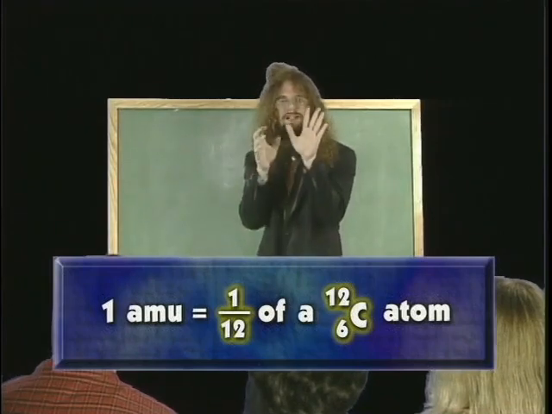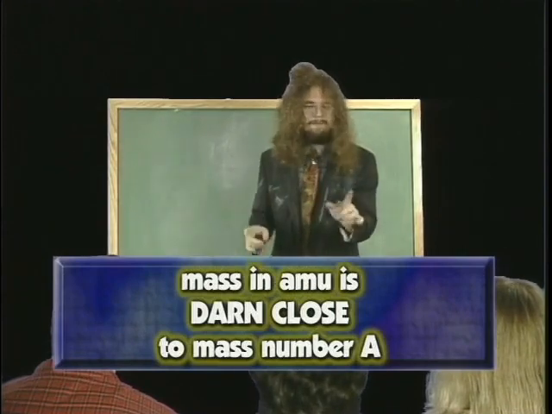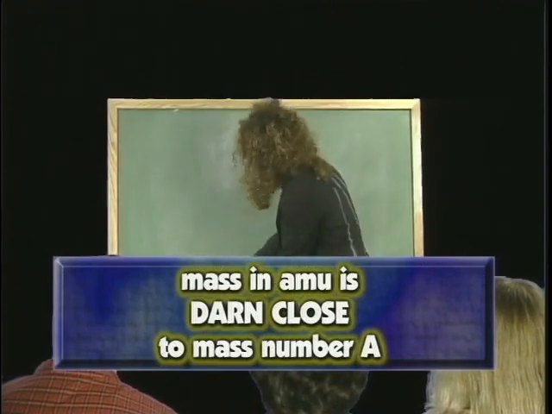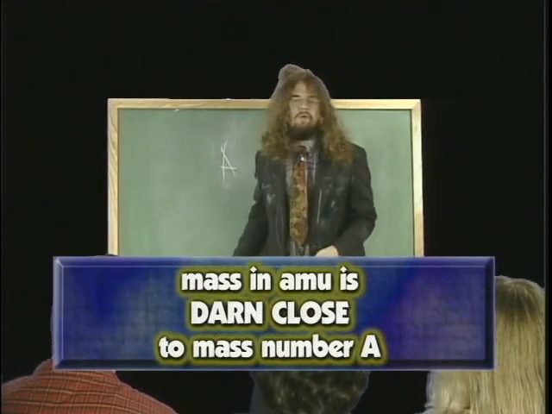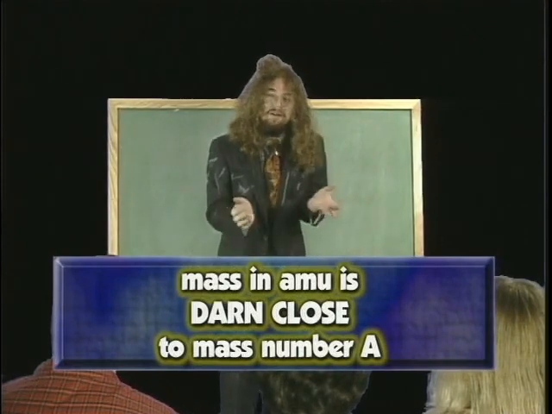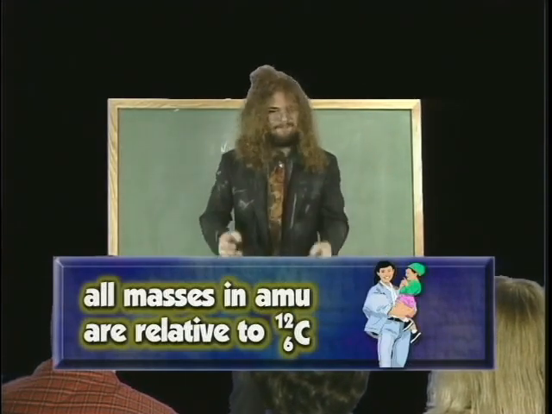See, measuring the mass of atoms with AMUs keeps the measurement darn close to the mass number, which is A. So all masses measured in AMUs are relative to the mass of carbon-12.